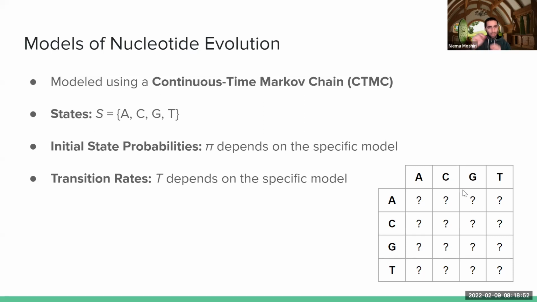So A, C, G, T are the 4 states that I can transition between for this specific nucleotide in my genome.